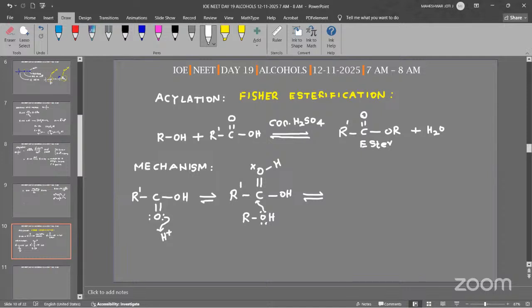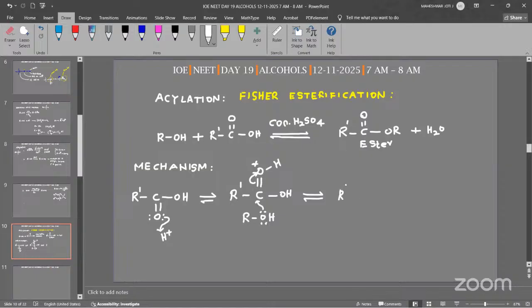When a new bond forms between carbon and oxygen, the pi bond shifts to the positively charged oxygen. Right? So when the pi bond transfers to the positively charged oxygen, the positive charge nullifies and converts into neutral.